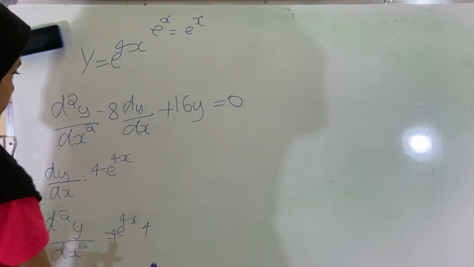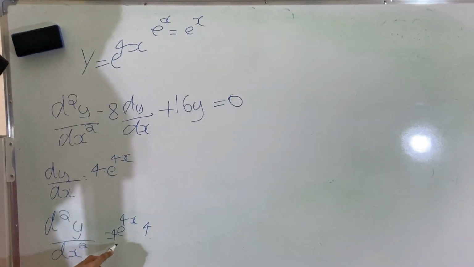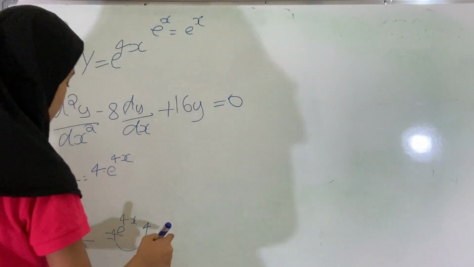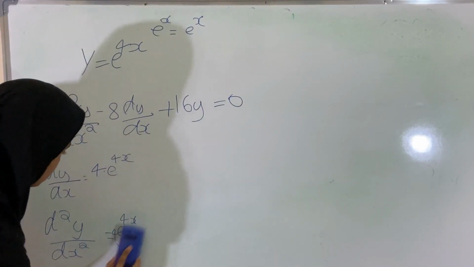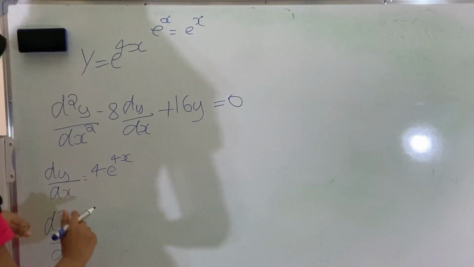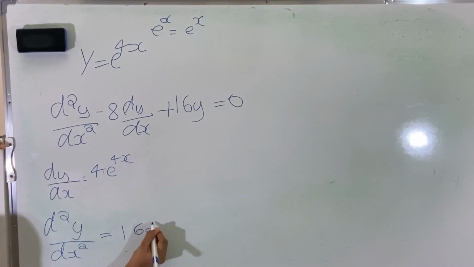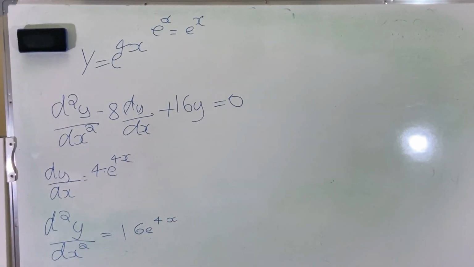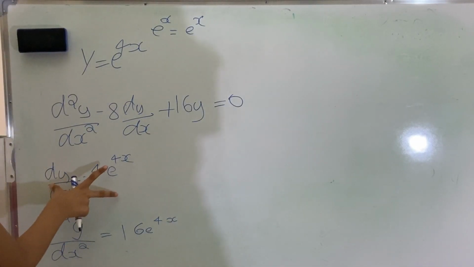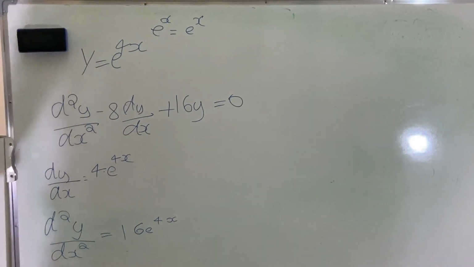Now 4 into 4 is 16, so it's going to be 16 e raised to 4x. So we found dy by dx and d square y by dx square. Now let's do the equation.